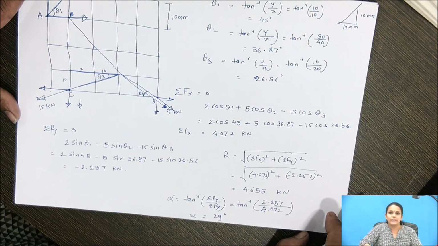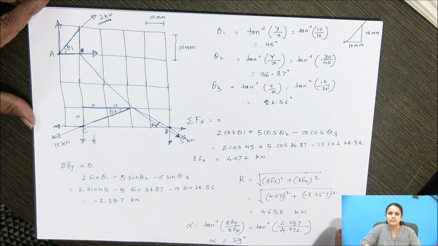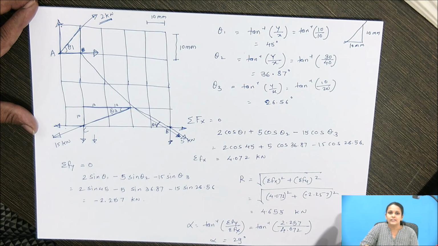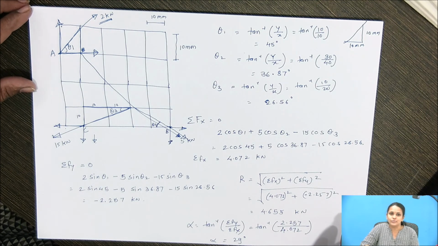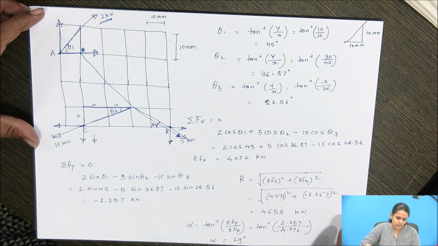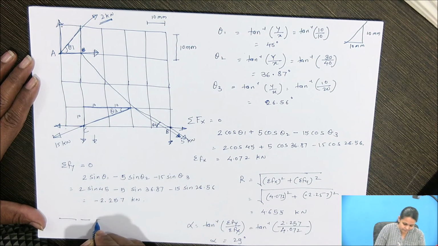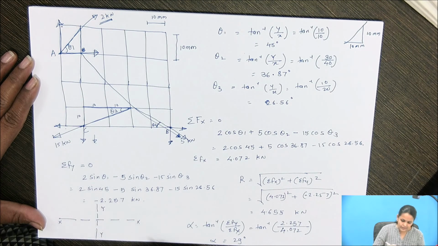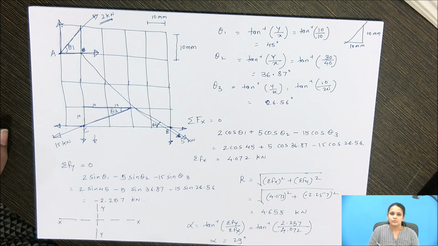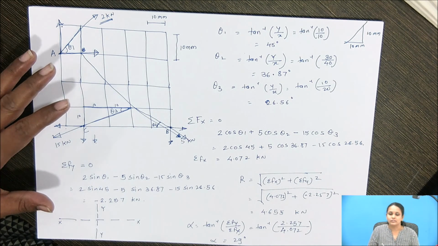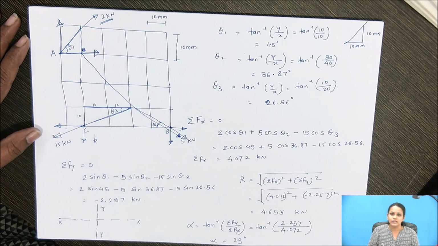Okay, so likewise you have to calculate the resultant magnitude and direction of the resultant for the given non-concurrent force system. Okay, so here you can show the position of the resultant like this. It is x-x axis, it is y-y axis. Okay, so first of all you have to find out the x and y coordinates, and accordingly you have to show.